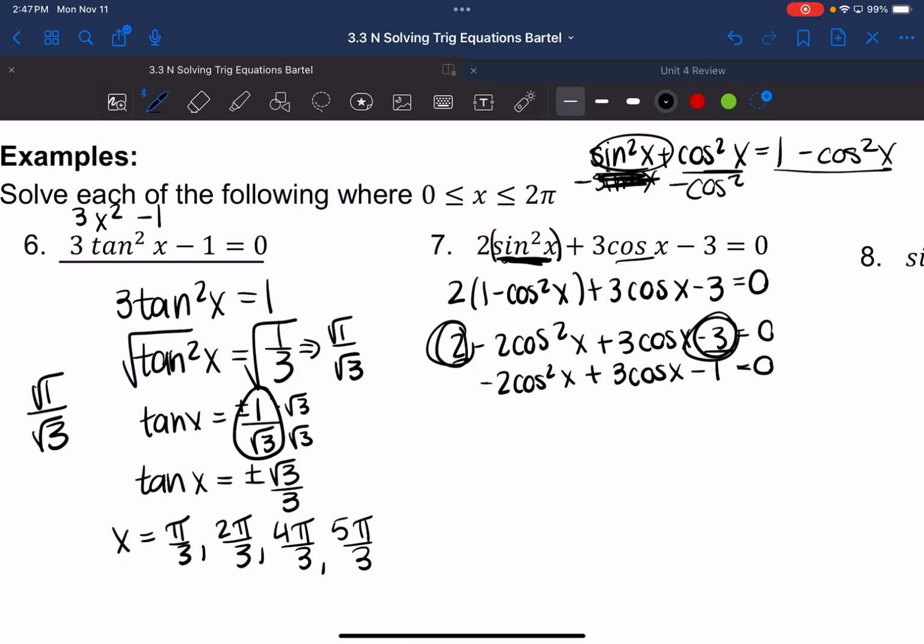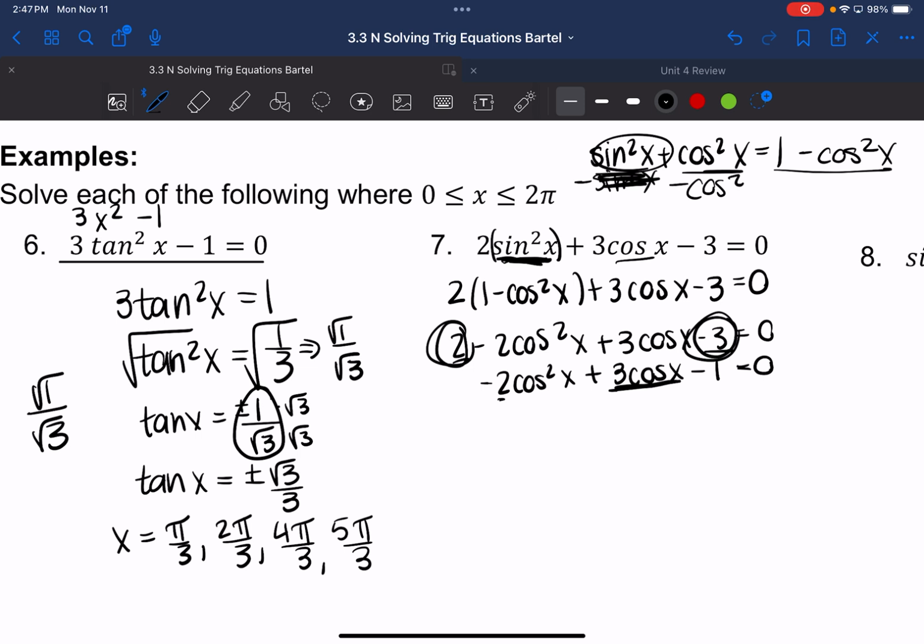Now this looks like something I could factor. If you don't want to deal with that negative 2 trying to get things to multiply to give me the term in the middle, you could make this 4 terms and factor by grouping, which I think is the easier thing to do here, because then you can just make your parentheses match. I could rewrite 3 cosine of x as something that adds to give me 3.